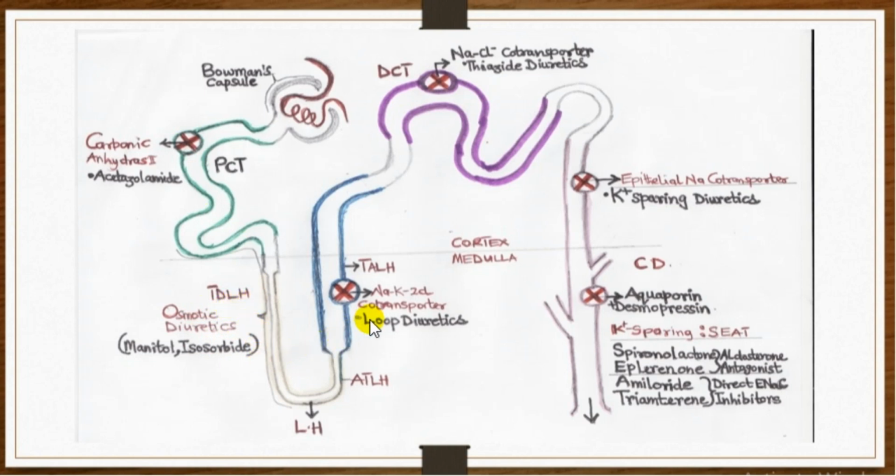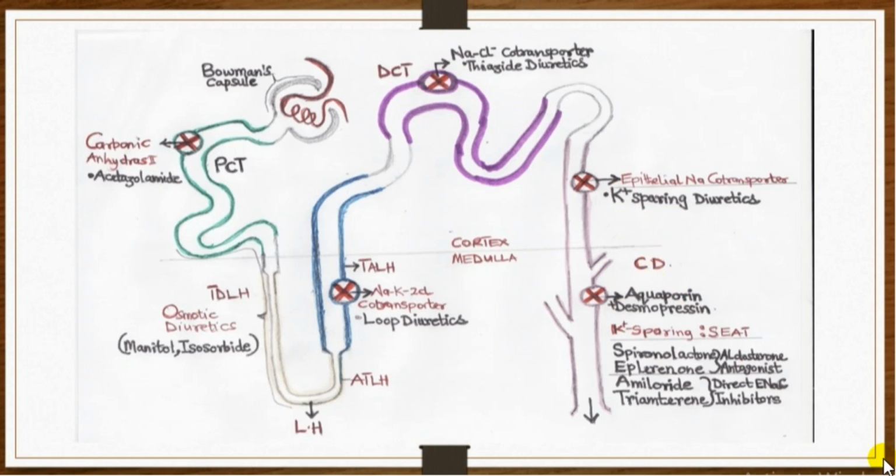Then we have the loop diuretics, or the ceiling diuretics, at the thick ascending loop of Henle, where they inhibit the sodium potassium chloride co-transport. Then the thiazide diuretics work specifically at the early distal convoluted tubule. Then we also have the potassium sparing diuretics at the collecting duct.